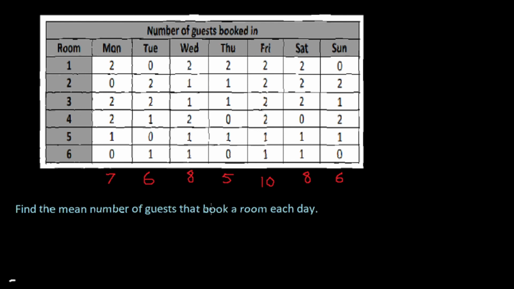And it just says find the mean number of guests that book a room each day. So now we have how many guests booked a room on each of those days. We're just going to add this up as usual, and then just divide by how many there are. So I'm going to add them all up, divide by 7, and in this case the answer is this.